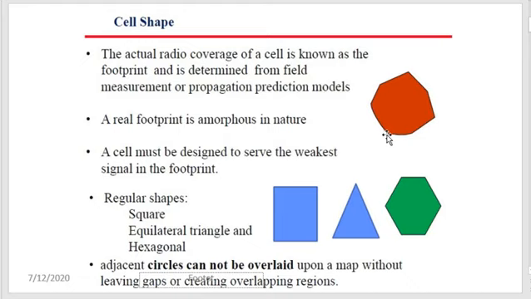So finally engineers decided, to represent all those sectors on paper and ensure that there is no gap in between when we represent four or five cell sites together, that the cell site shape will be hexagonal.